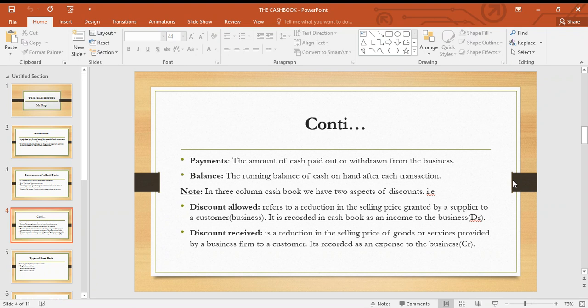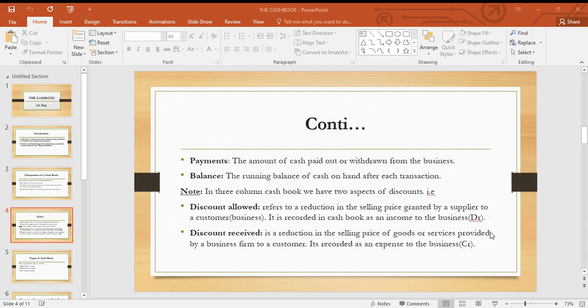Then we have the next one, discount received. This is a reduction in the selling price of goods or services provided by a business firm to a customer. It is recorded as an expense to the business, so we credit.